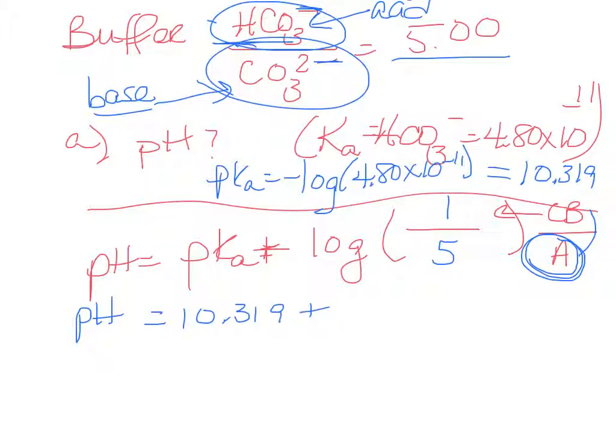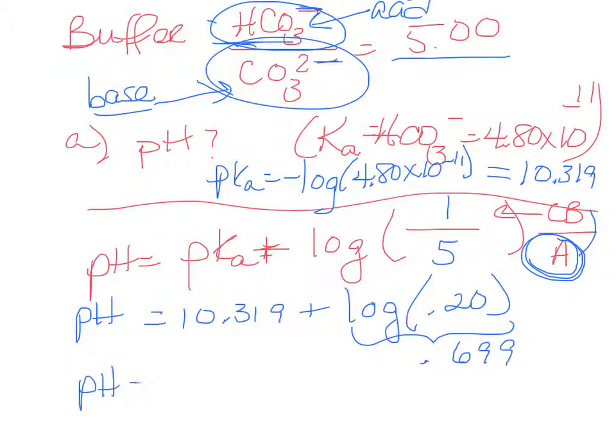All right. So what is the log of 1/5? Well, first of all, 1/5 is 0.2, right? And the log of 0.2 is 0.699. And so what do we have? We have pH equals 10.319.